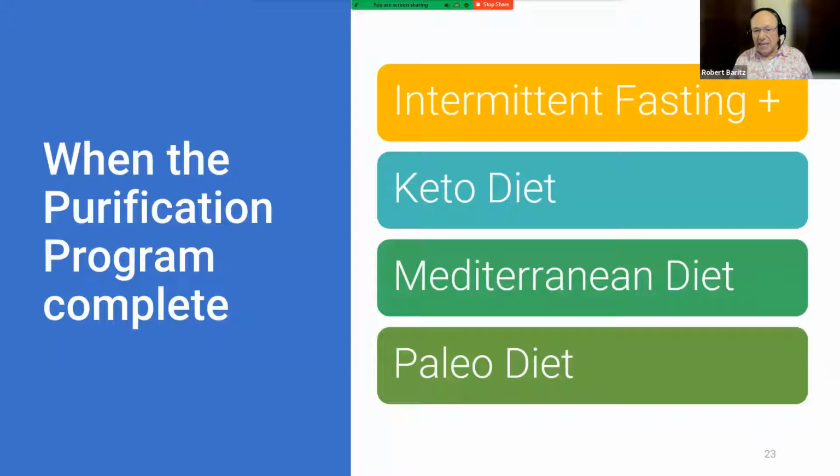These are the diets, and this is the program that'll do it. Intermittent fasting is super important because it gets you into the deep fat loss, as opposed to just losing the same 10 pounds and regaining it every time. This gets past that into the deep fat loss.